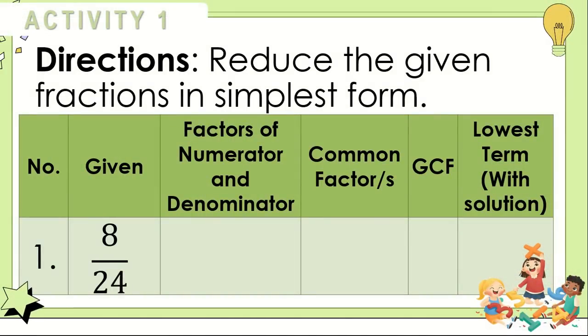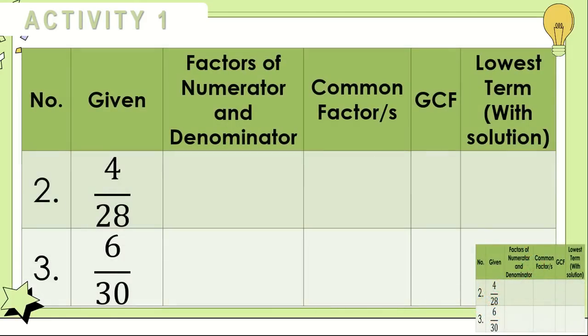For activity number 1, reduce the given fractions to simplest form. Write the factors of the numerator and denominator, the common factor or factors, the GCF, and the lowest term with solution. For number 1, 8/24. Number 2, 4/28.